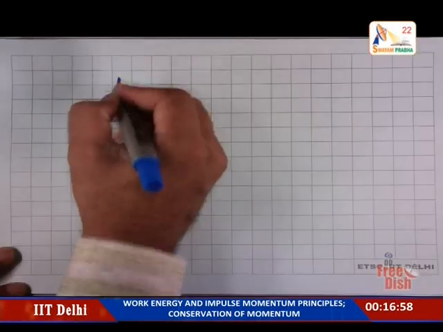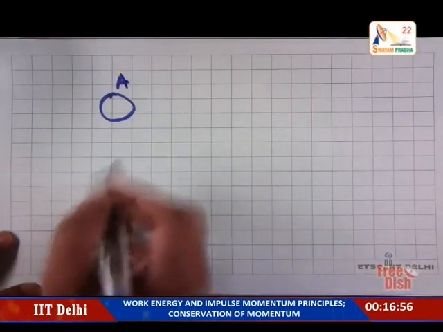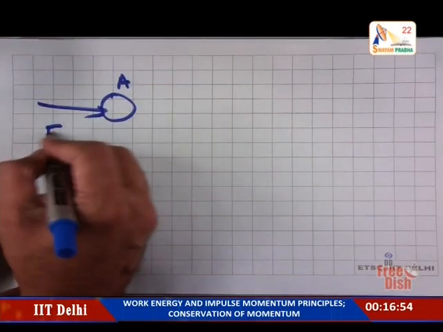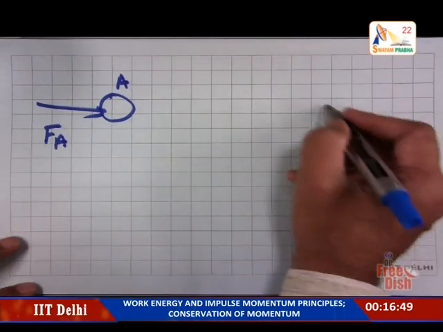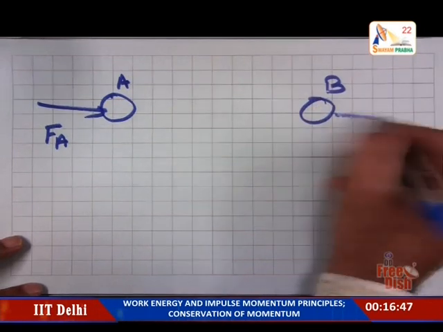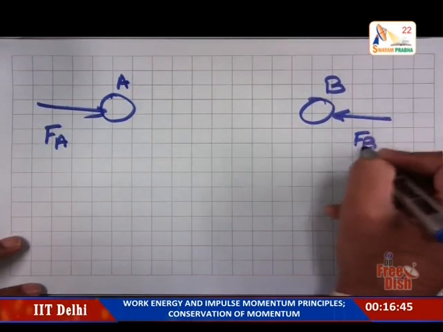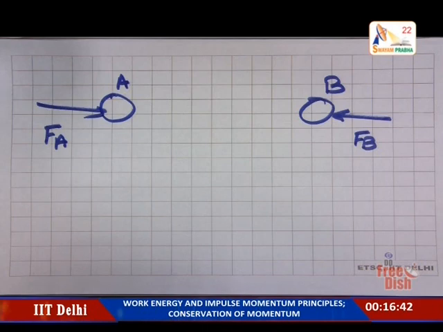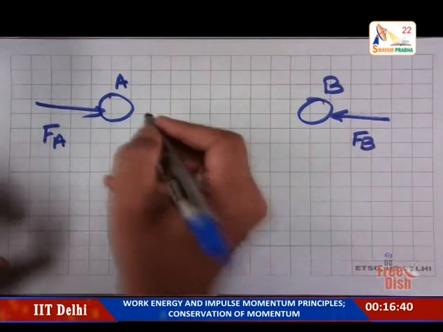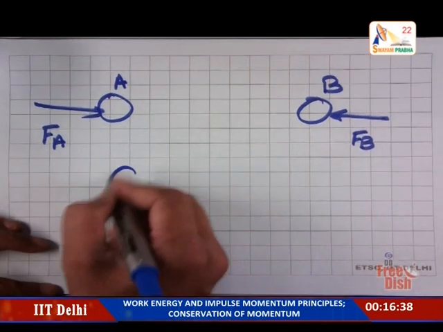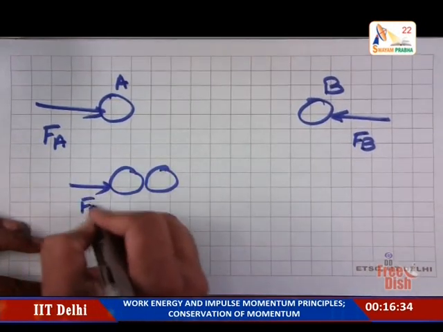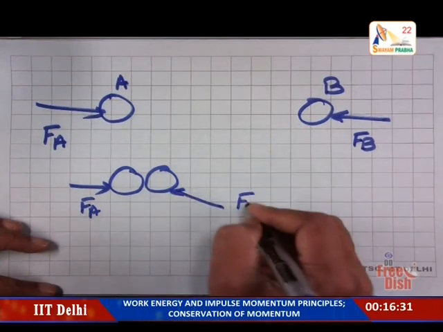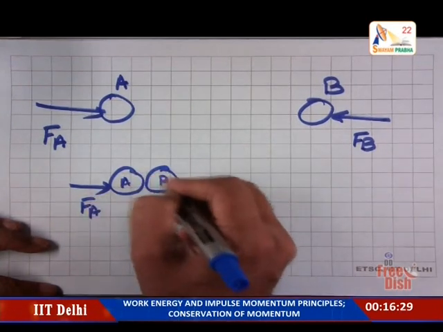So, let us say we have a particle A on which an external force Fa is acting, and we have a particle B on which a force Fb is acting, and these particles maybe they interact with each other. So, let me show them close to each other, and maybe they are hitting. On particle A external force Fa is acting, on particle B force Fb is acting.